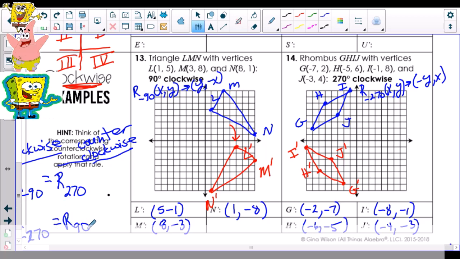The rotation of 90 is (negative y, x). So these would be your new points, and that would be how it all is rotated. It went 270 in the clockwise direction, which is the same as just 90 in the regular counterclockwise direction. So that should have been what you got. I'm hoping that you did.